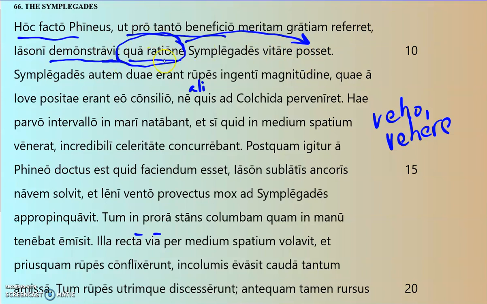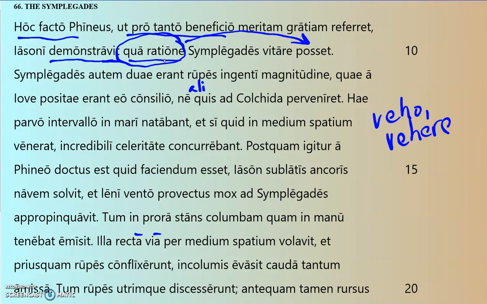So I would call this an ablative of manner. Ablative of manner is the most adverbial use of the ablative, which is basically what I call the adverbial noun case. It's when you want to use a noun as an adverb, you use the ablative.